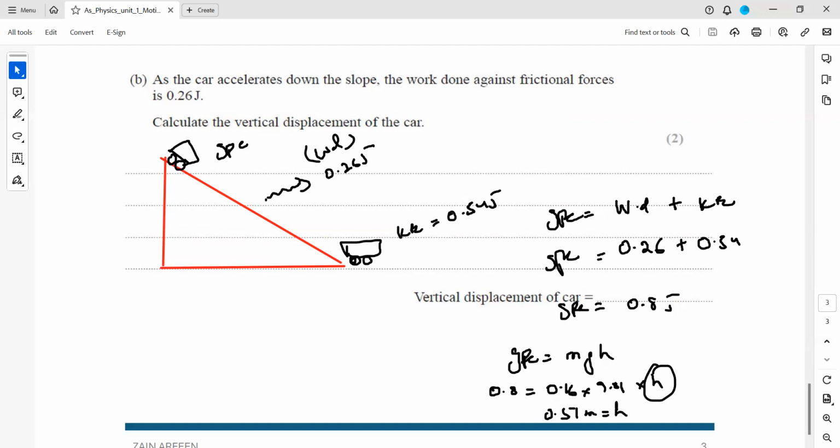So this is the height from which this car is released, and some of the energy is lost to the surroundings in the form of heat. That is the work done against the friction, and the remaining is the kinetic energy at the bottom. So this was a pop quiz related to the motion of an object and energy.